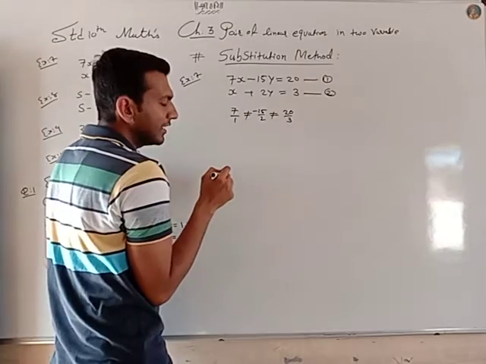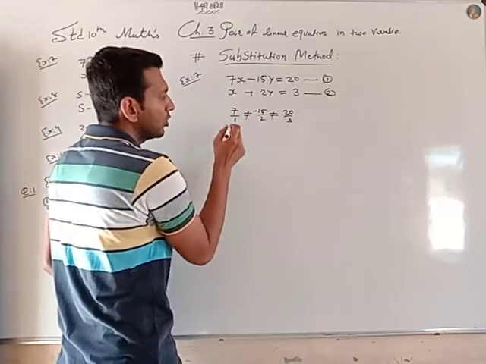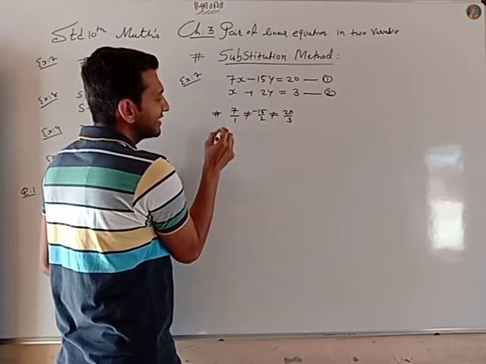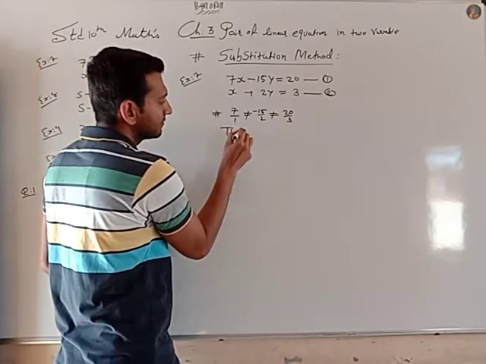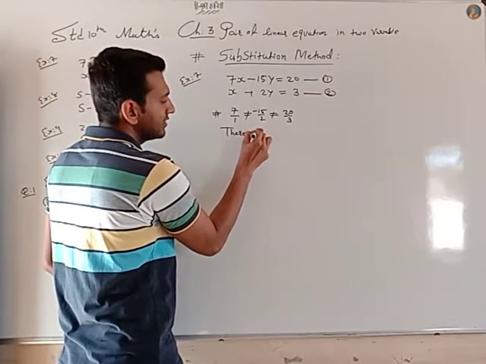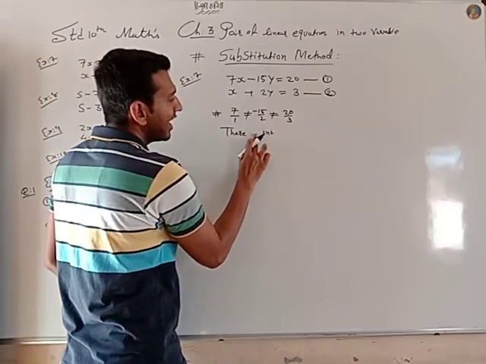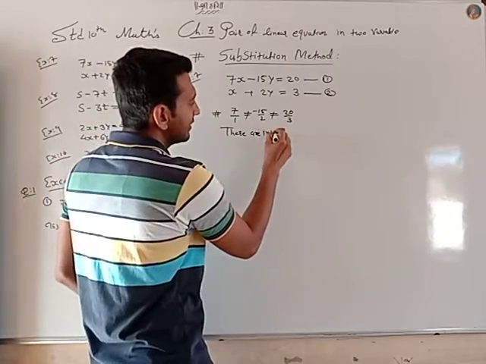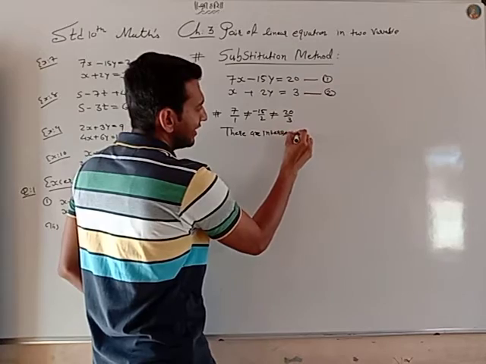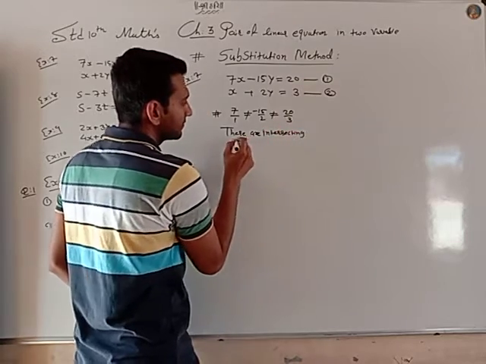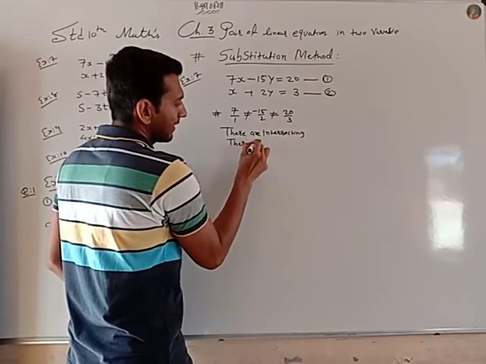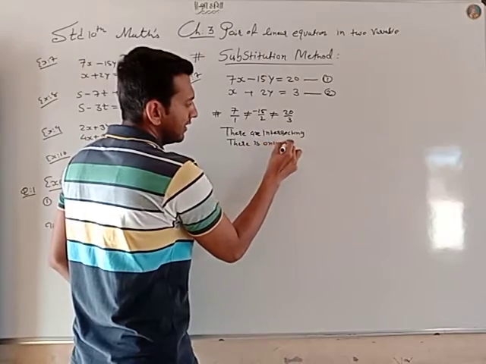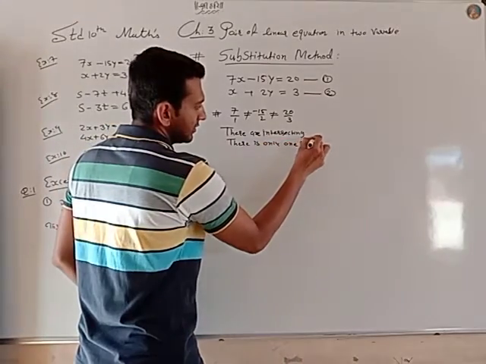So no equality is there, so these are intersecting lines. There are intersecting lines because the two lines intersect. There is only one solution.